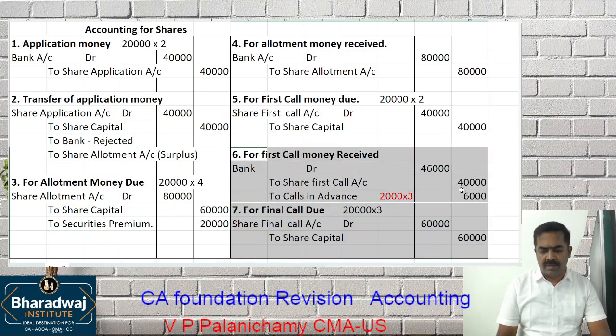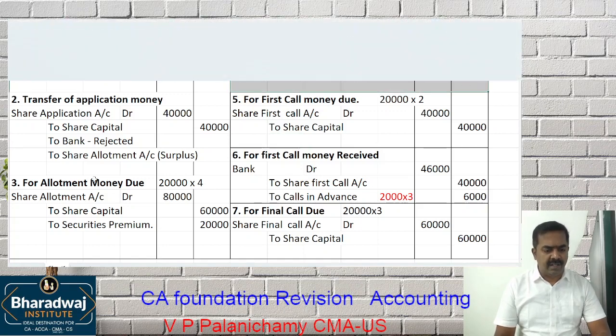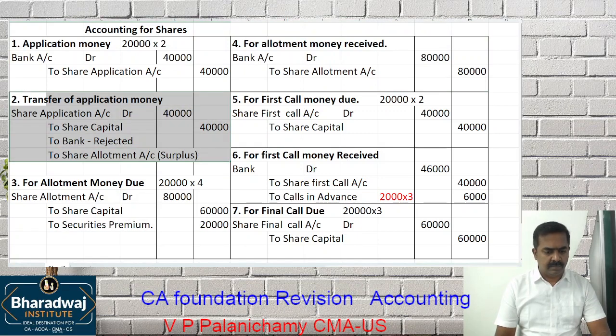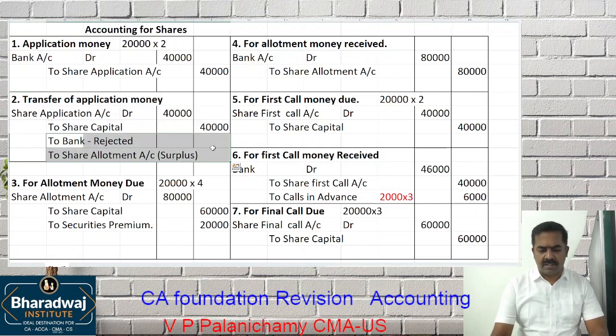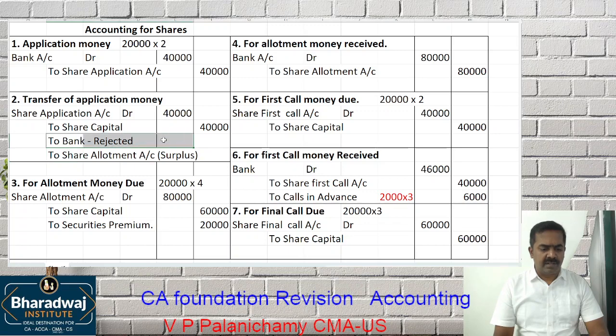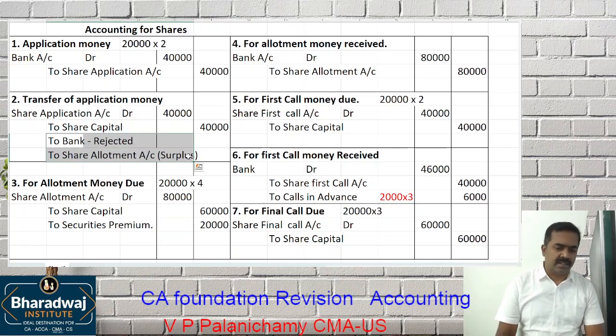Take up to this, then we'll proceed. Up to this, if there is any doubt, please ask me. There is no rejection or surplus. But just for your understanding, to bank if it is rejected, to share allotment for the surplus. There is no proportionate allotment in this question.